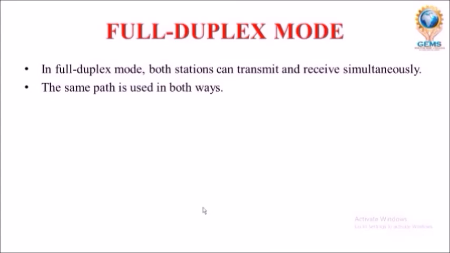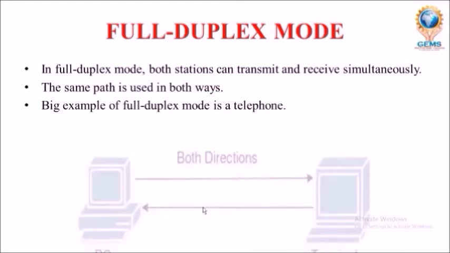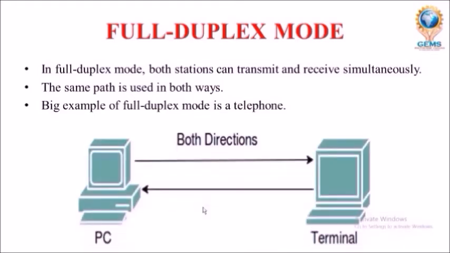Suppose I have constructed a path and it is being used for two-way communication. That means I can make the best use of traffic. So in this situation, the delay time will be as little as possible, right? Here is a good example of full duplex: the telephone. How is the telephone considered full duplex?